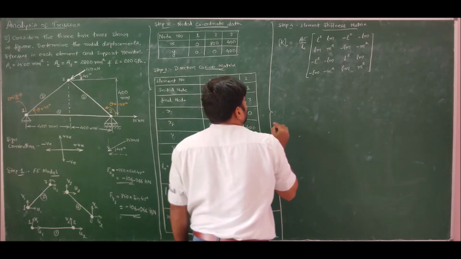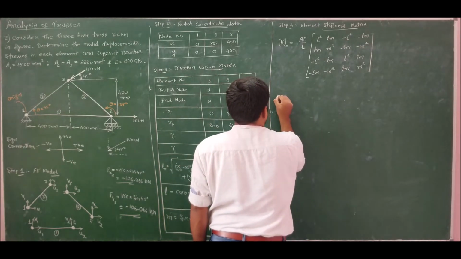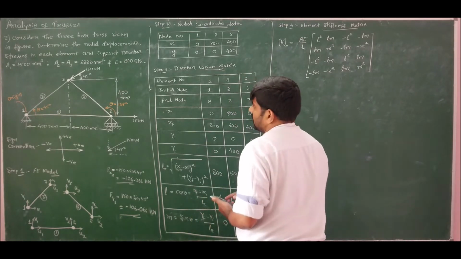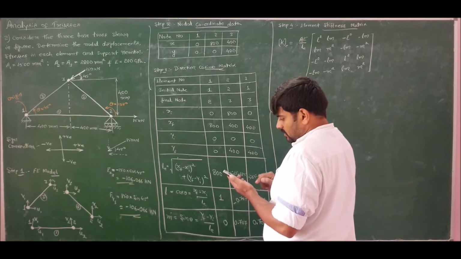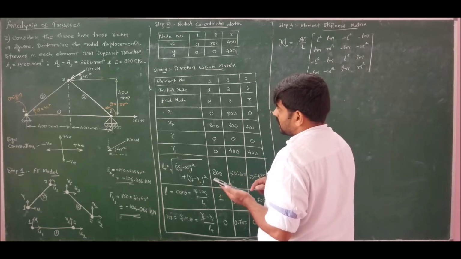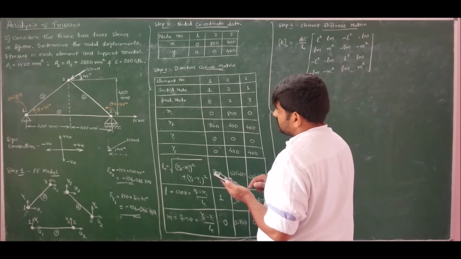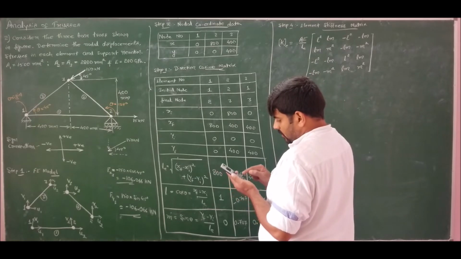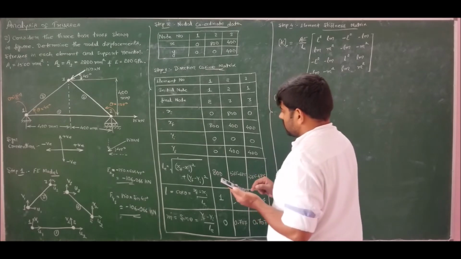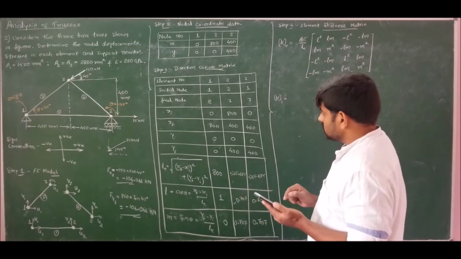Now coming to element 1, if I substitute and solve for element 1, the area of element 1 is 1500, Young's modulus is 200 into 10 to the power of 3 megapascals, divided by the length of element 1, which is 800.